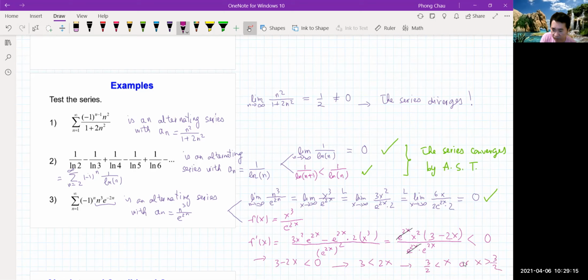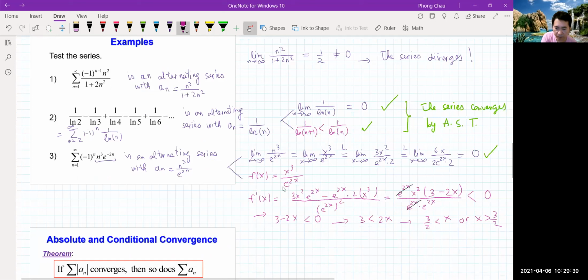So that means if x is bigger than 3 halves, this is less than 0, the derivative is less than 0, and hence it's negative, or decreasing. And notice that n starts at 1. So yes, when x is bigger than 3 halves, from 3 halves on, all the terms will be decreasing.